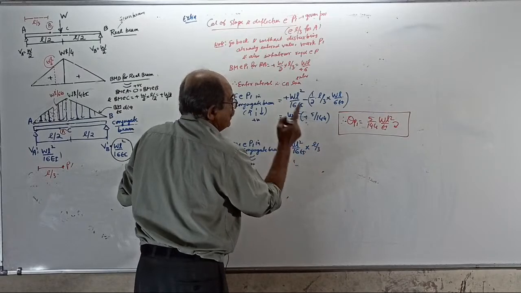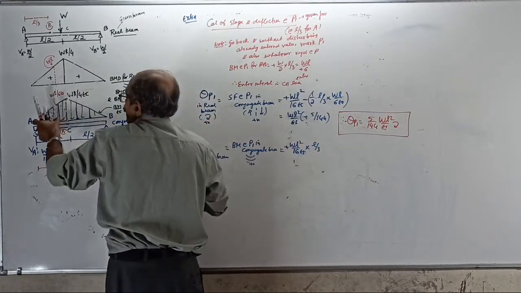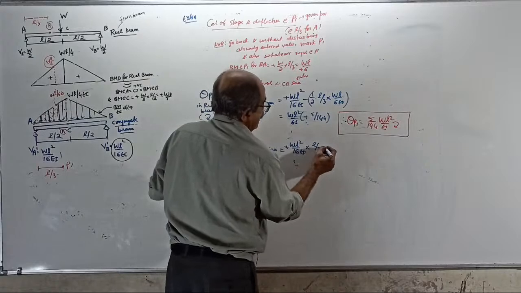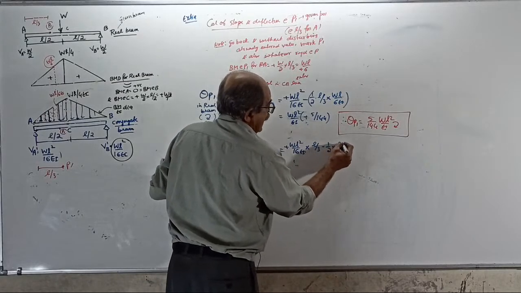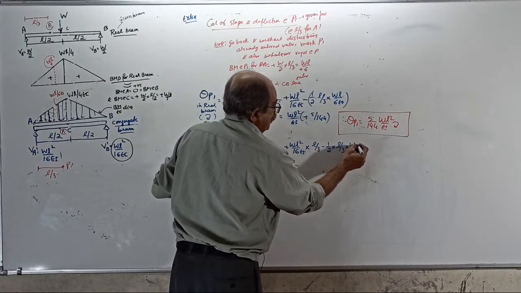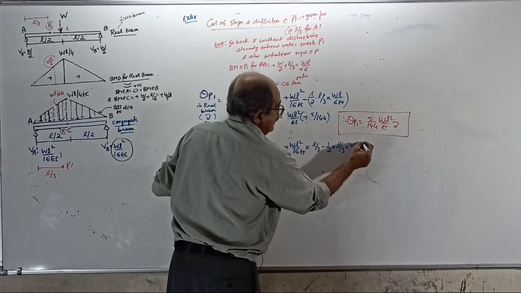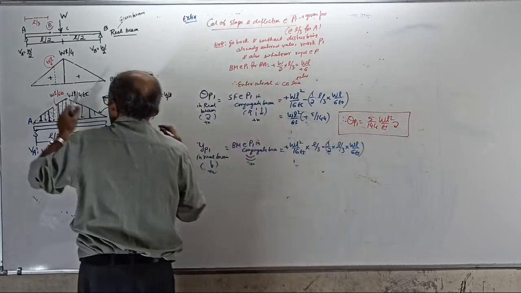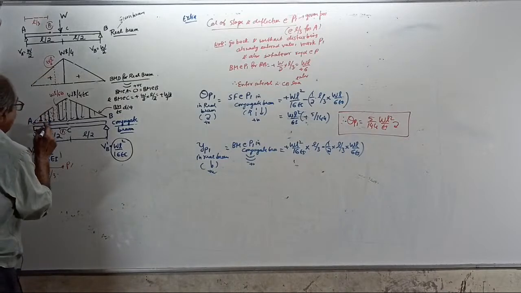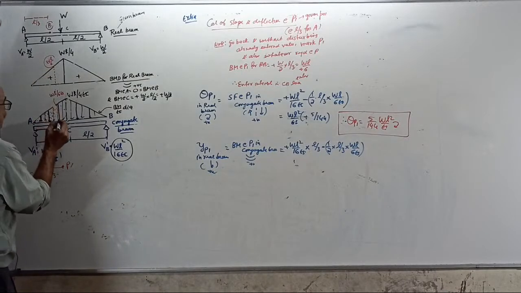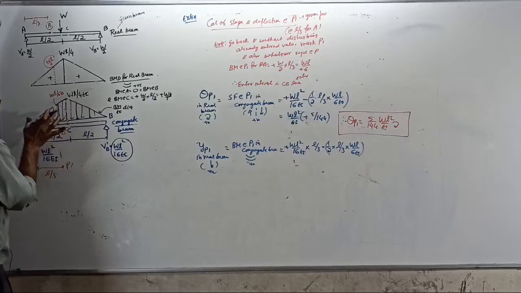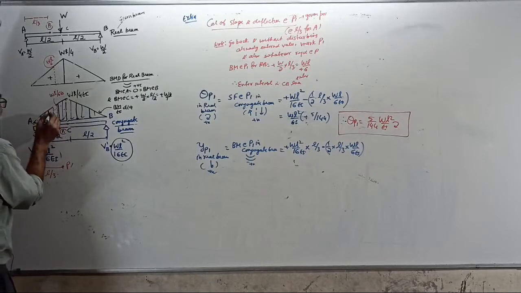Now load into distance, minus moment of this load: half into L by 3 into WL by 6 EI is the total load, half into L, only L by 3, into the moment about P1. Tell me, for this triangle, CG will be here.